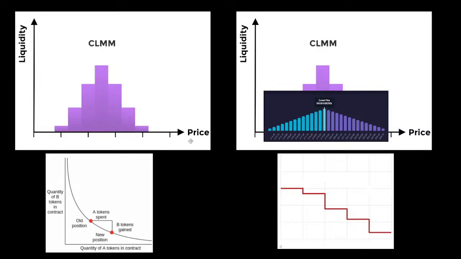So when we talk about CLMM pools, I've tried to illustrate exactly when you're providing liquidity in a CLMM pool, then again the token price of the tokens will follow this curve at all given points in time.